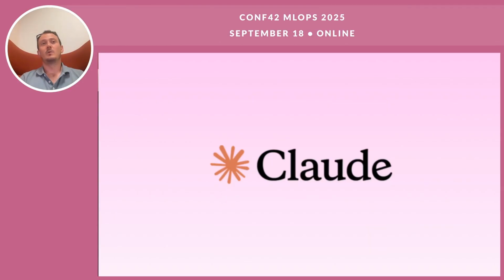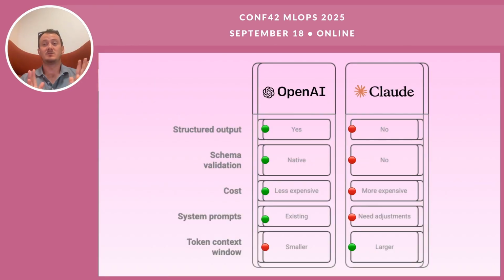And this is why from the start, we knew that we didn't want to be in a vendor lock-in position. We didn't want to be in a position where, if one of those AI vendors fails, our product will not work. This is why we started from day one also working with Claude. Now, there are some differences. The migration from OpenAI to Claude is not as seamless as you would think, because there are some functionalities that OpenAI supports that Claude doesn't, like structured output, for example, and different schema validations.